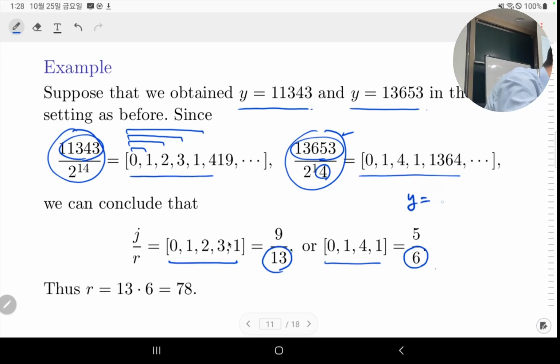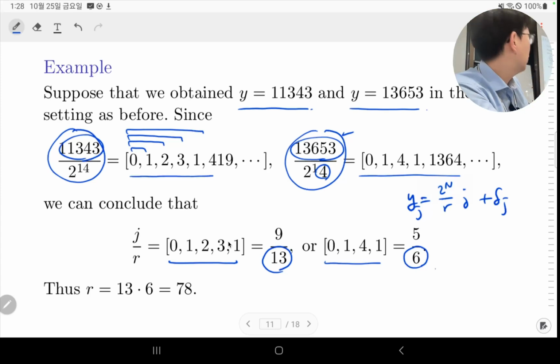Y is given by j times 2 to the n over r plus delta j. So assuming that our y actually is of this form, that means this is what we want.